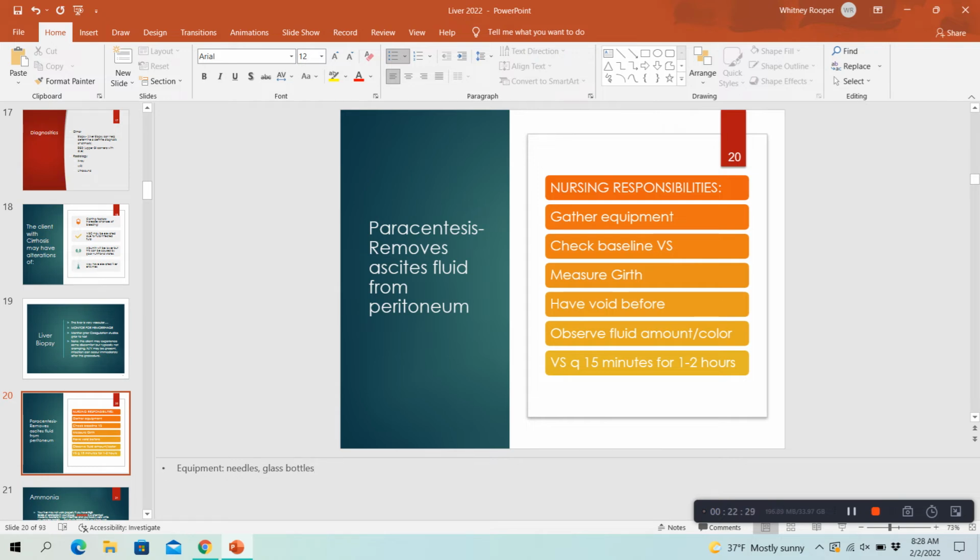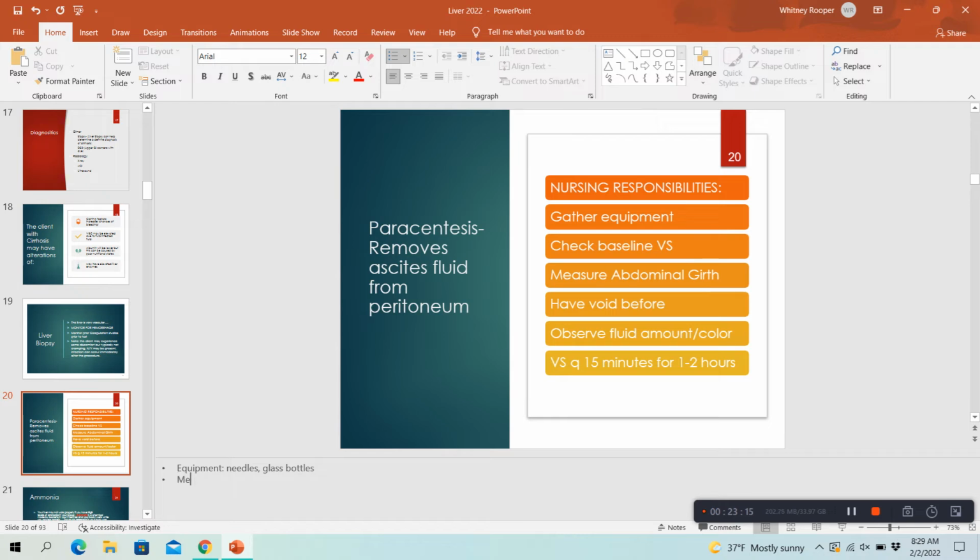You always want to check their baseline vital signs. You're going to measure their abdominal girth, because you want to see how much it has decreased after the procedure.